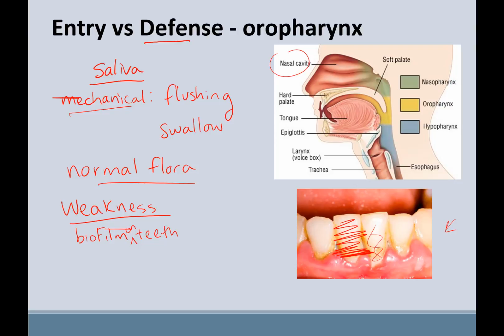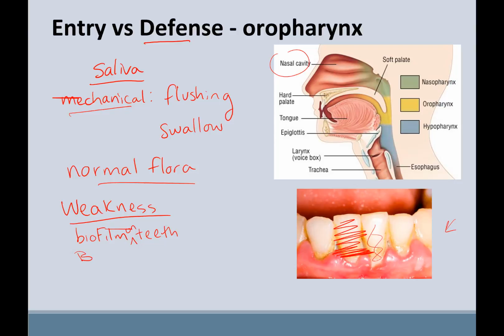So you really want to brush your teeth. It is amazing how the relationship with poor oral hygiene and other diseases. So most of us take for granted brushing our teeth, but a lot of people aren't brought up to understand how important that is. The other weakness is when you don't eat.